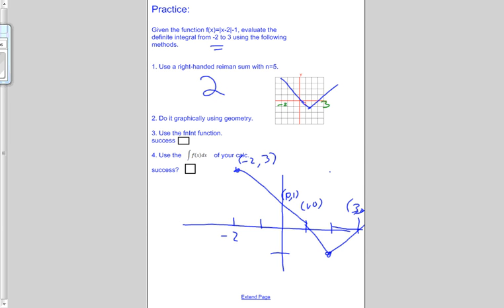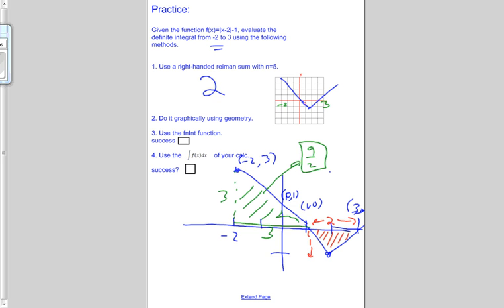Okay, so using geometry, we can construct a bunch of triangles. We know that this triangle here has height 3 and a width of 3. So the area of this triangle, the green area, is positive because it's above the x-axis, and the area of that is 9/2. And then we want to look at the area of our triangle below the x-axis. That's this triangle here, which has a length of 2 and a height of 1.